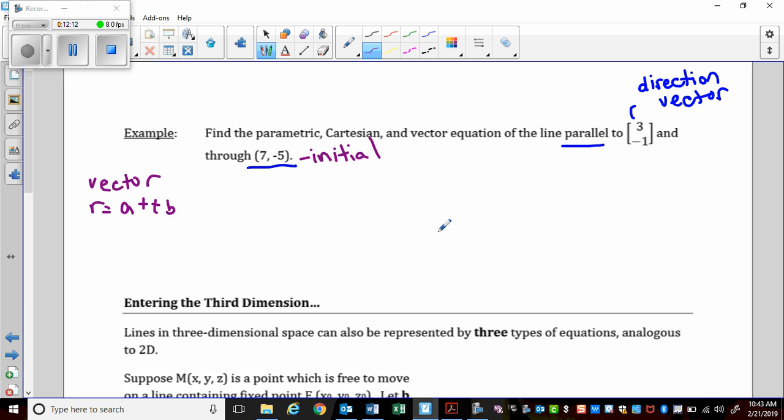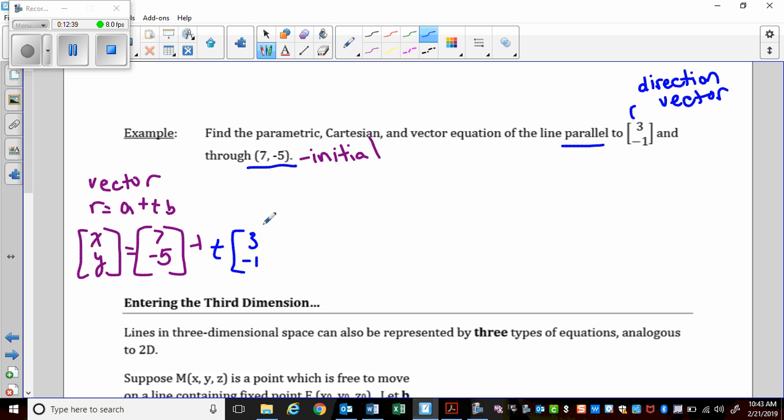We only have 2 dimensions, so xy equals our initial vector, which is 7, -5, plus the direction, T times 3, -1. Ta-da! Pretty easy.